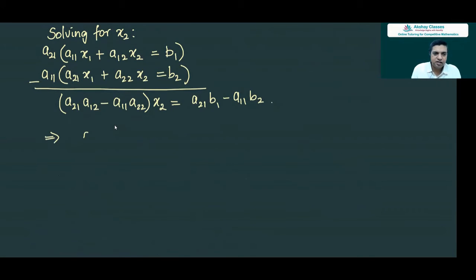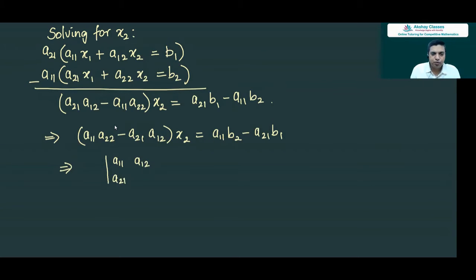This means (a11 a22 minus a21 a12) times x2 is equal to a11 b2 minus a21 b1.